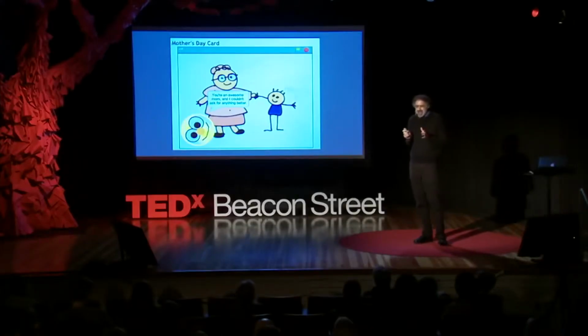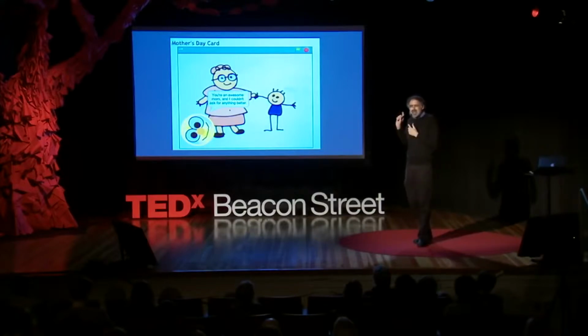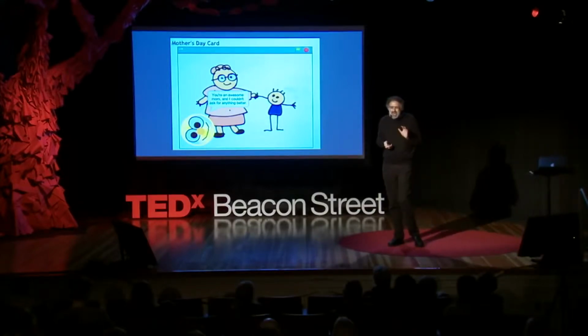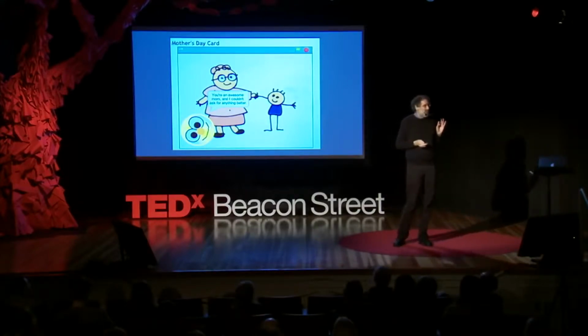But actually, I was even happier for another reason. I was happy because these kids were using Scratch just in the way that we had hoped that they would. As they created their interactive Mother's Day cards, you could see that they were really becoming fluent with new technologies. What do I mean by fluent? I mean that they were able to start expressing themselves and to start expressing their ideas.